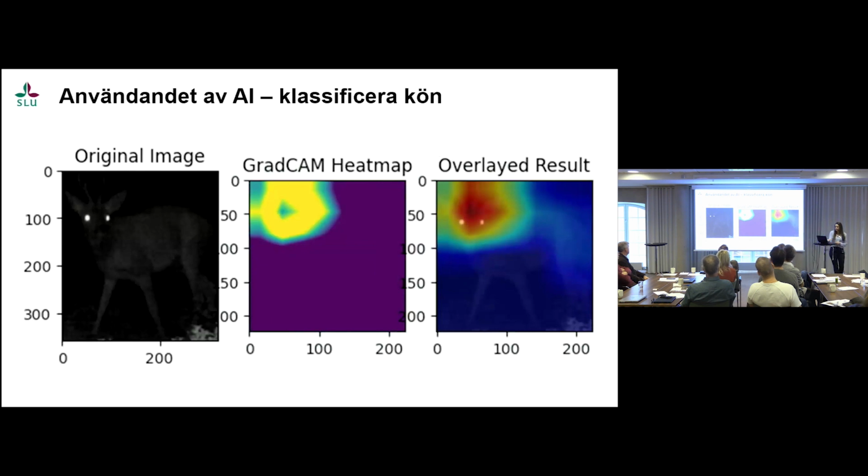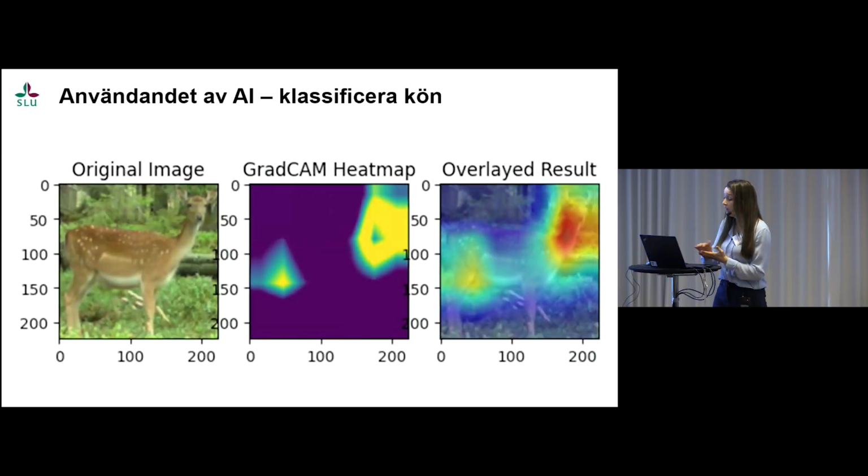I found that really interesting. And here is another example, a fallow deer, where to some extent it seems that if the model misses the antlers, it also looks at the genitals to see if there might be a penis. So it shows that at least it looks like the model is looking at what we want it to look at.